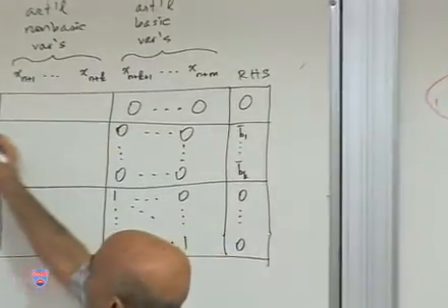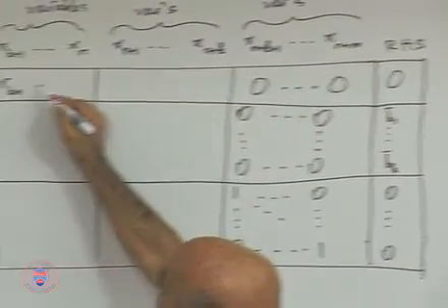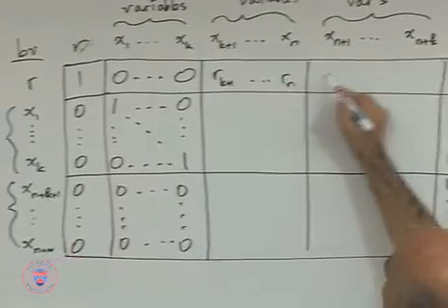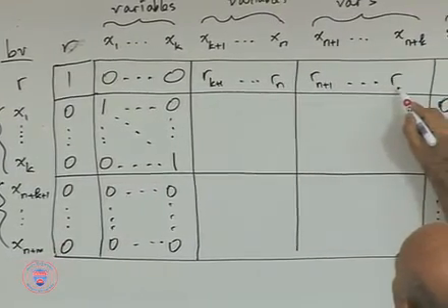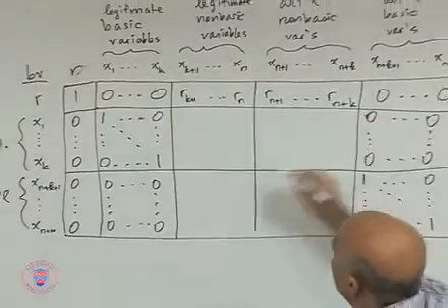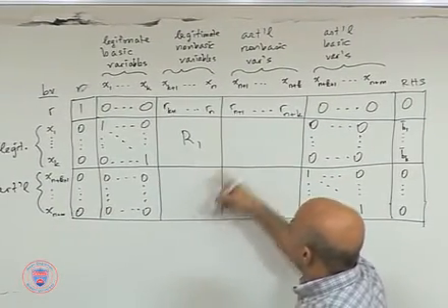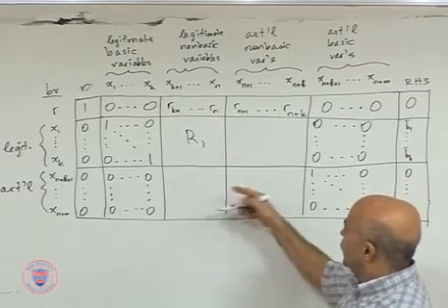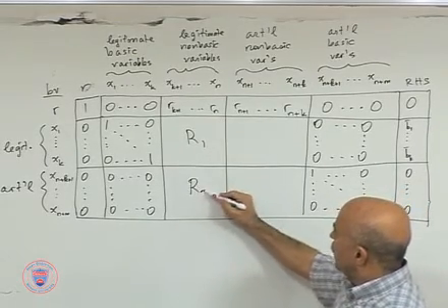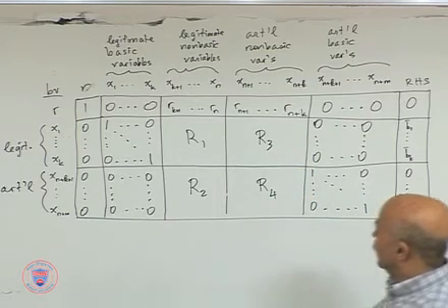Over here, we've got the reduced costs, and we've got some matrices, say R1, R2, R3, and R4, whatever they are.